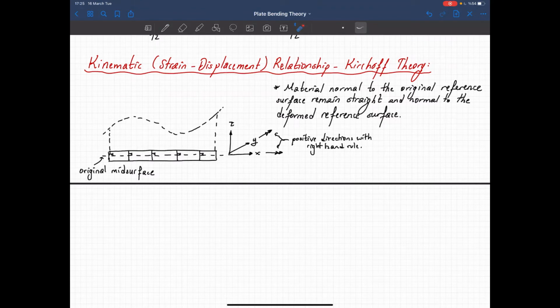Now here we are saying that normal to the original reference remains straight and normal to the deformed reference surface. So let's draw that. So here this should be normal. That's 90 degrees. That's 90 degrees. That's 90 degrees.